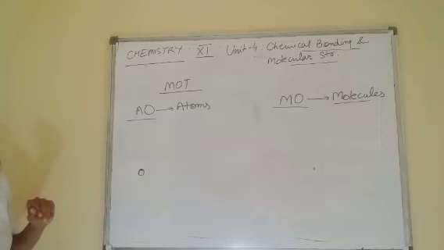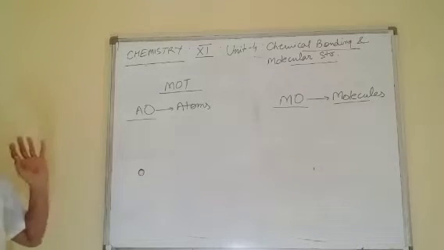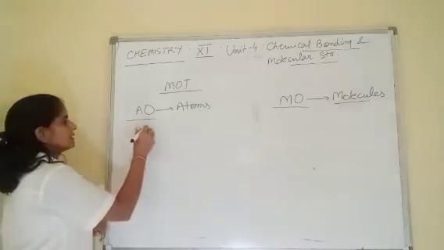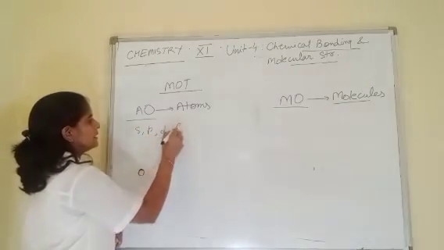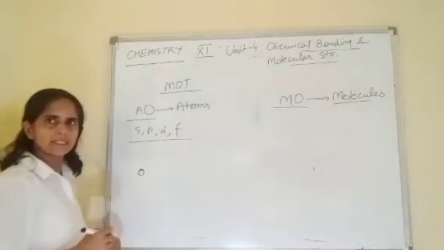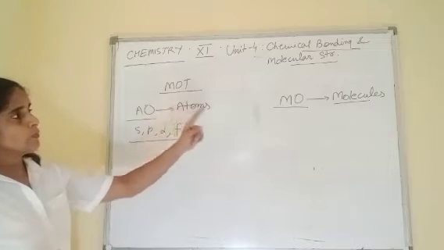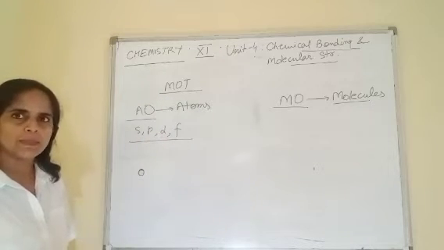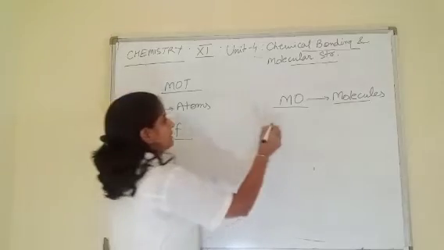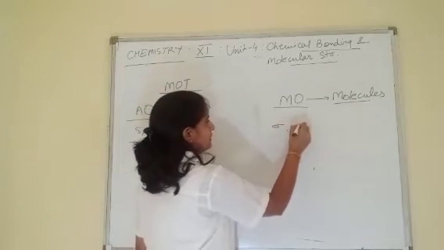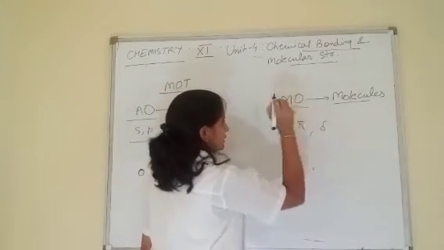Symbols of atomic orbitals you all must be remembering. These are s, p, d, f. These are the representations. Now, what would be the symbols of molecular orbitals? Let me tell you. These are sigma, pi, delta.